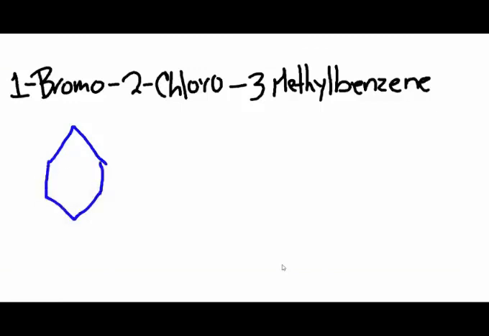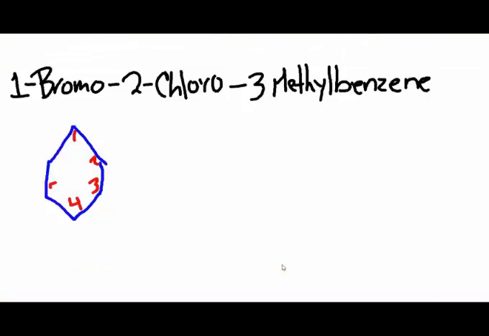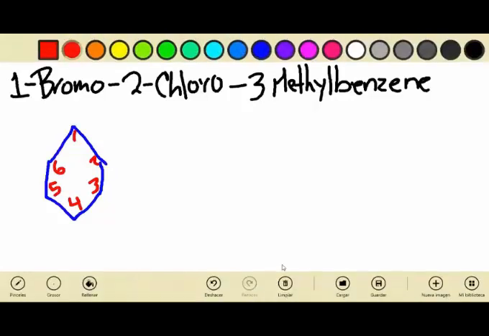Once our hexagon is already done, we have to enumerate each corner, no matter the order. And now we are going to write bromo, chloro, and methyl corresponding to its number.